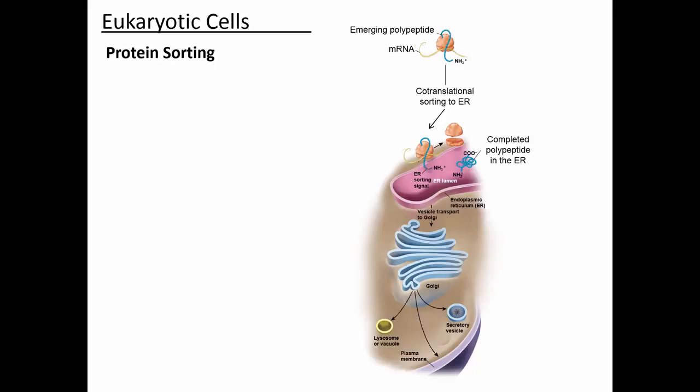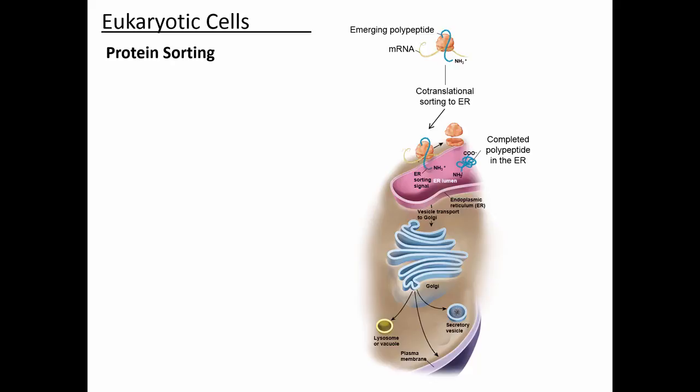The second pathway that we're going to talk about is going to start in the cytosol. That's where you start. Then there's a step where the protein is first sent to the ER. Within this pathway, some of those proteins remain in the ER, but other proteins are then sent from the ER to the Golgi.